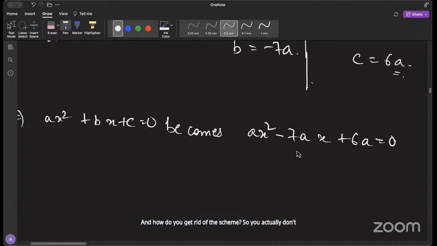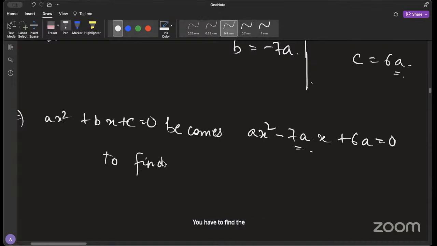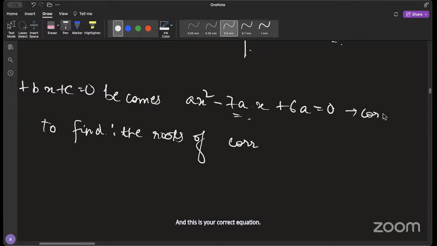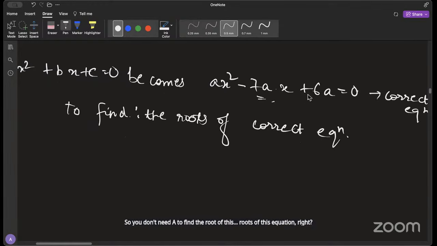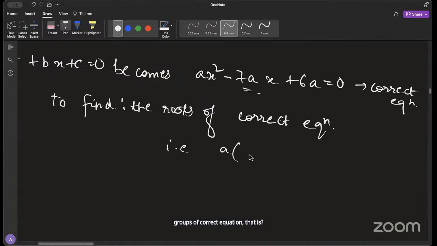You actually don't need to get rid of it. If you have to find the roots of the correct equation, and this is your correct equation, you don't need a to find the roots. You can just take a common from each term, so you will get the roots of the correct equation: a times x square minus 7x plus 6 equals 0.